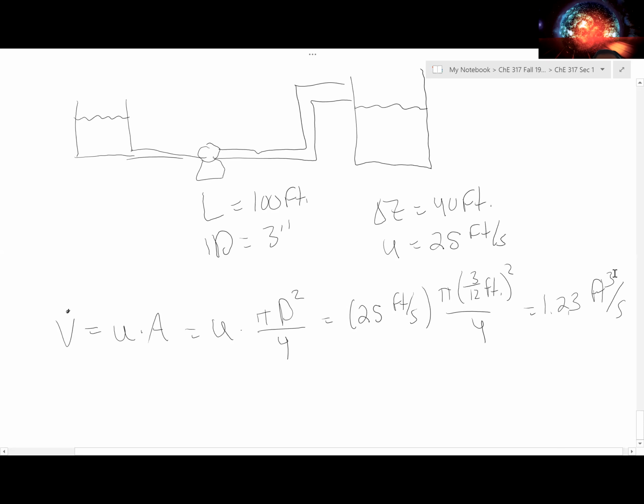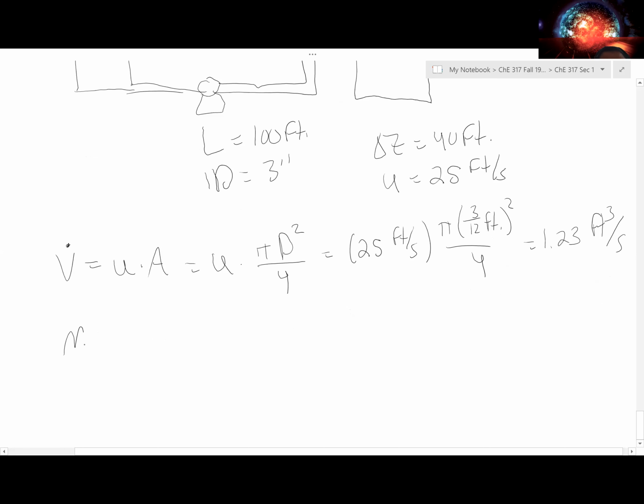And to get the mass flow rate, it is simply the density of the fluid times the volumetric flow rate. I didn't give you a temperature, so you can assume a standard temperature. Doing a quick search for N-pentane density, I get about 626 kilograms per cubic meter, which should be 39 pounds per cubic foot.